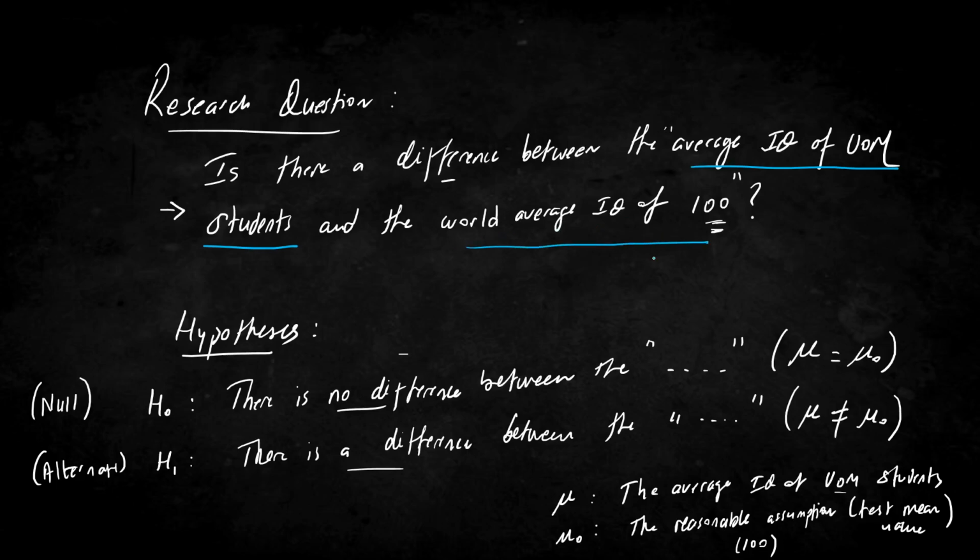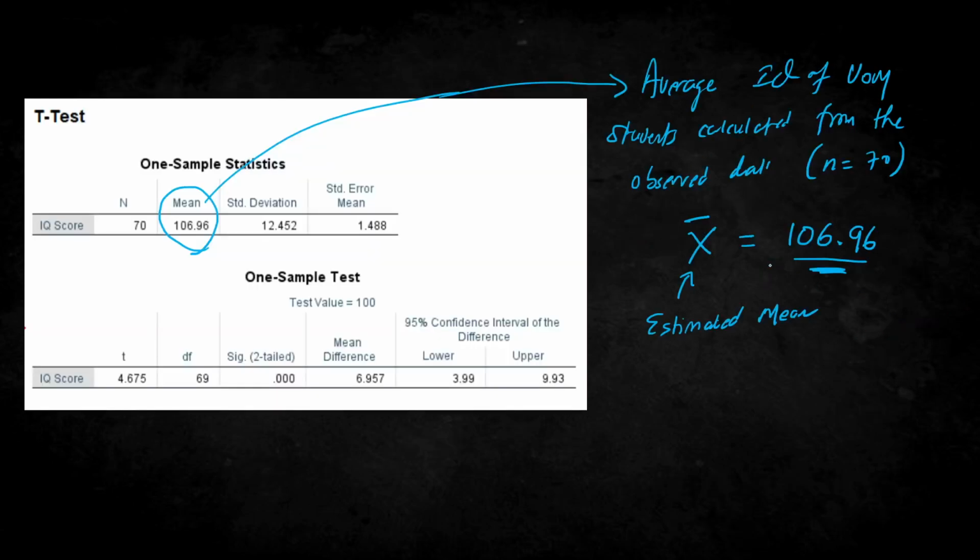To find an answer to this research question, we carried out a survey, and in our study, we were able to collect data from a sample of 70 students. Let this be very clear. So from this sample of 70 students, we calculated the mean value, and we got a mean of 106.96.